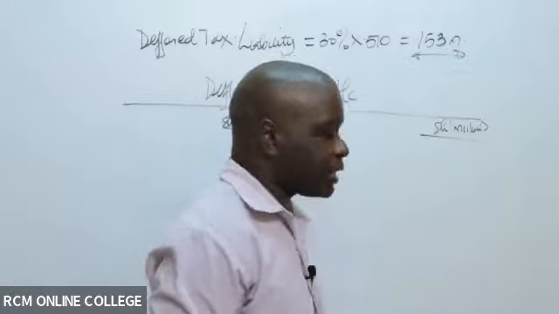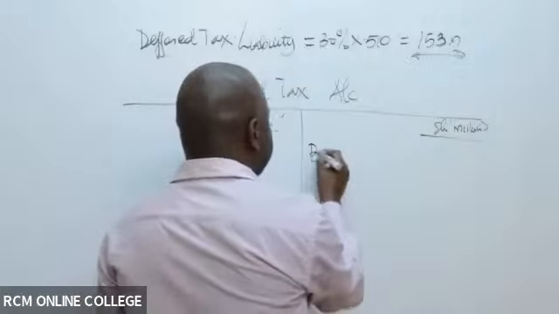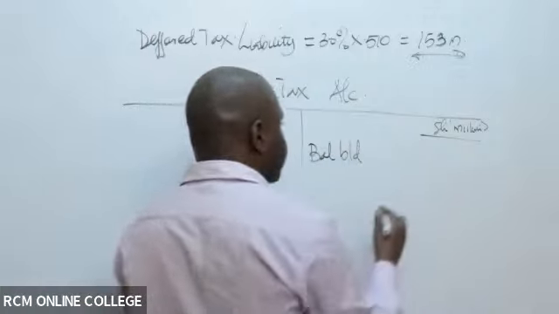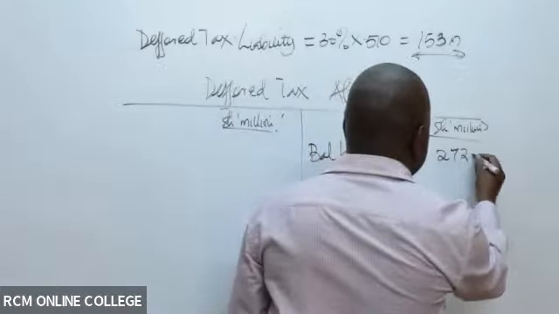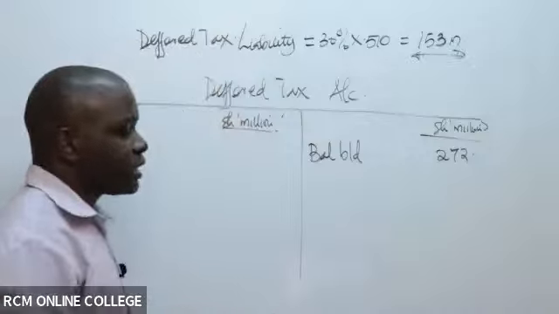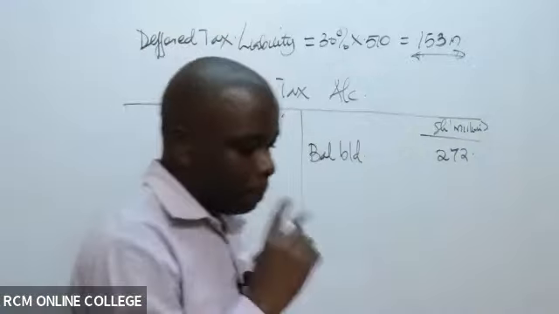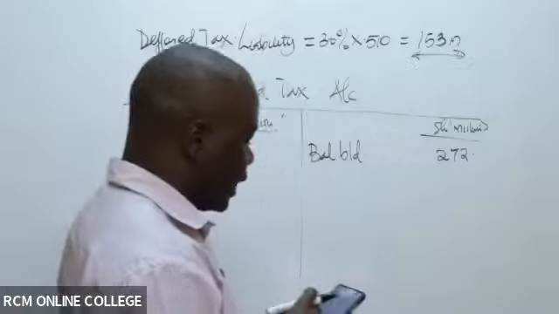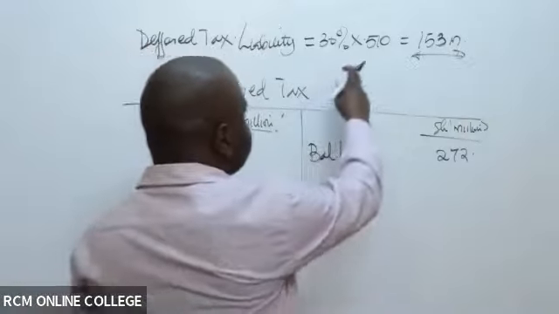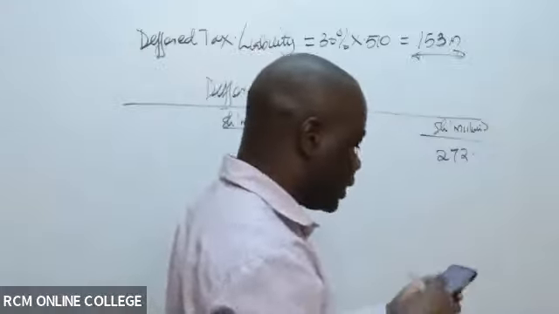So the balance brought down at the start of the year was 272 million. At the end of the year, we've already computed the deferred tax liability from the relevant temporary differences in the first note.